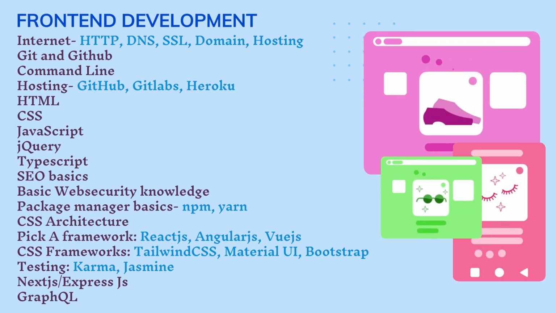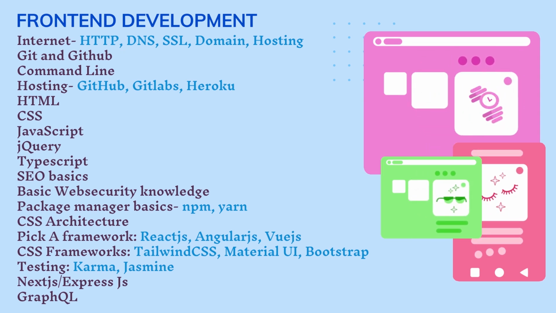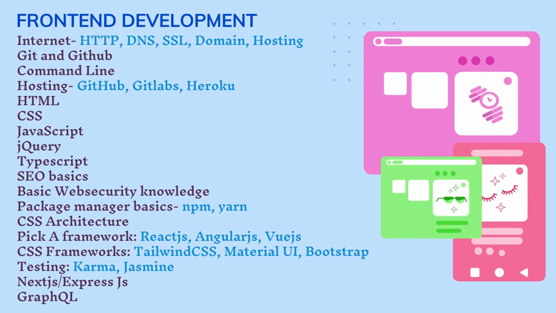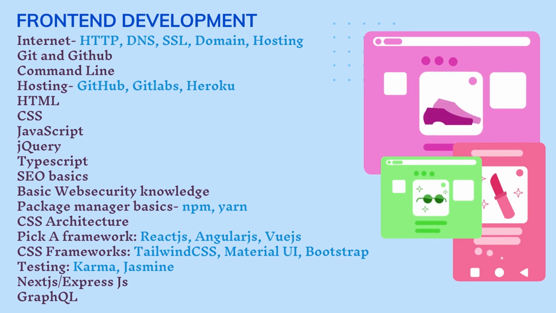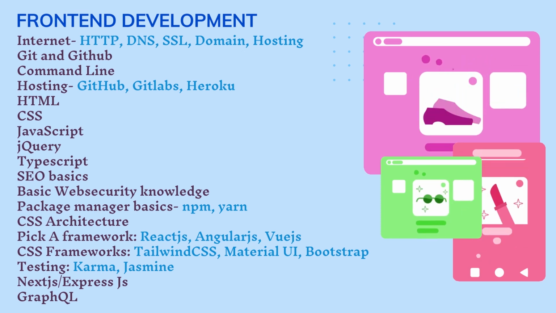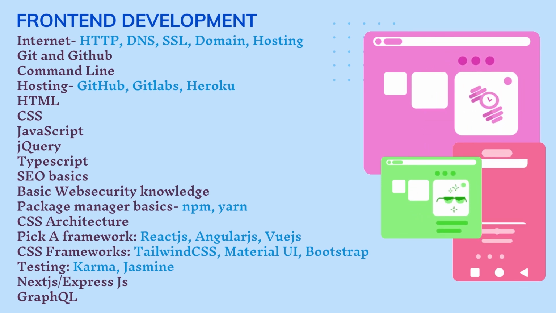GitHub allows you to store files online and helps in collaborative work or to showcase your work to people. And learning the command line is important. It's an excellent thing for any developer since the command line is what we use every time to run our applications or install any dependencies.